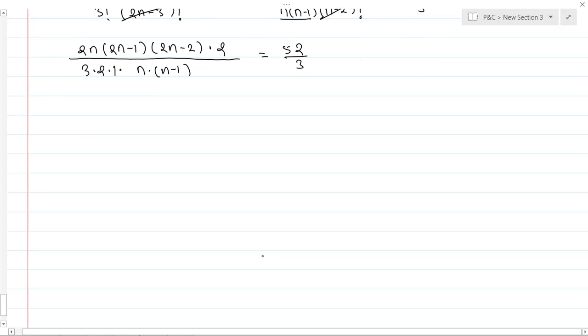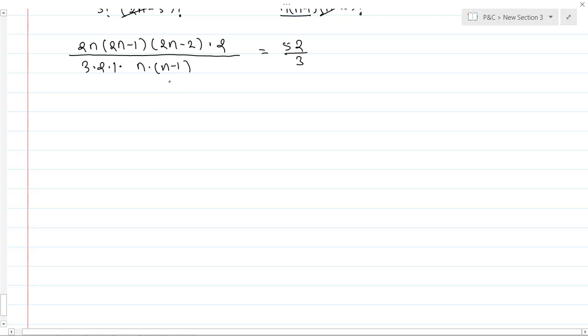Okay, now further what can be cancelled out? I can easily take 2 common from this part. If 2 is taken common, what remains here is n minus 1 into this 2. So I will combine this 2 also with this, so that it will be equal to 8.